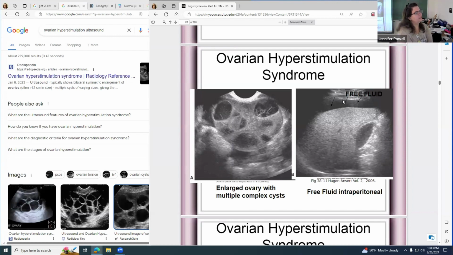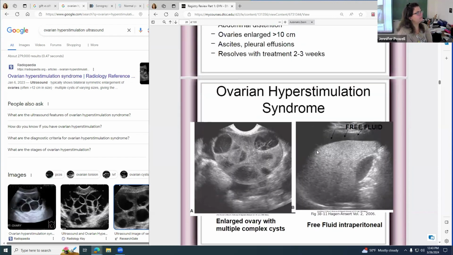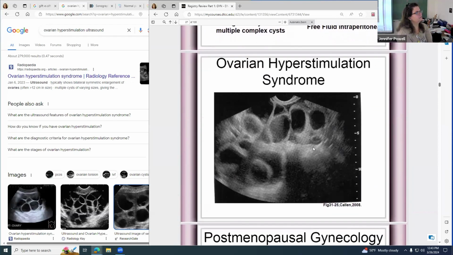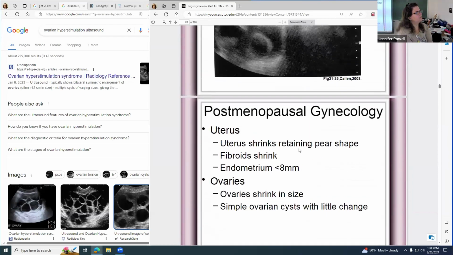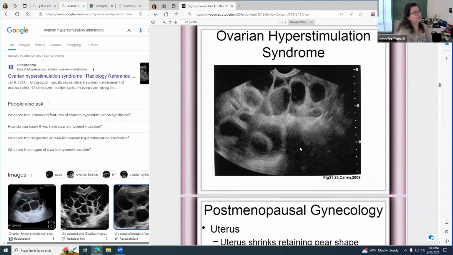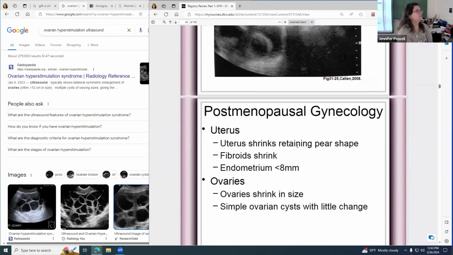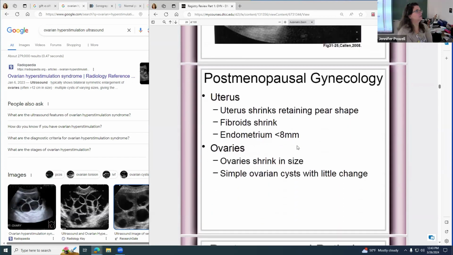This is free fluid in the intraperitoneal cavity. Another example here. You'll know it when you see it. It's not subtle.